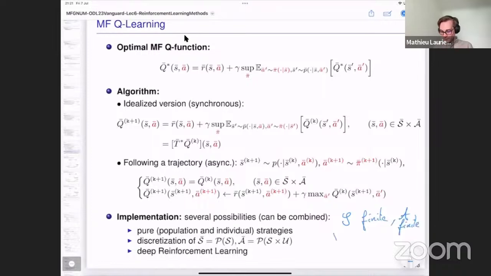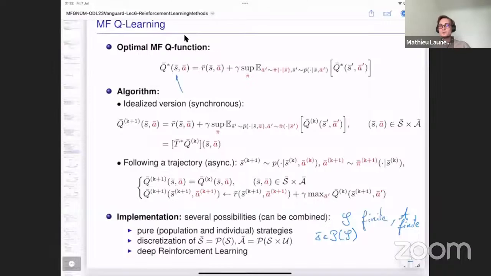Well, you still have a problem because S bar is really an element of P(S). P(S) is finite dimensional, so that's good news. But it means that you want to learn a function, Q bar, which takes a vector as an input. I don't know a priori how to represent this function. I need some kind of approximation.